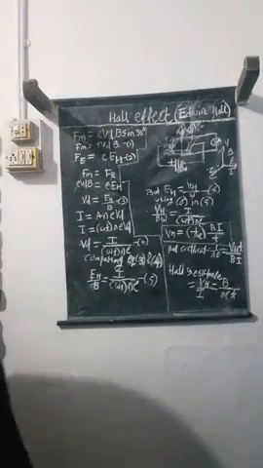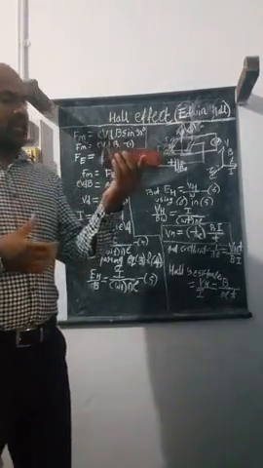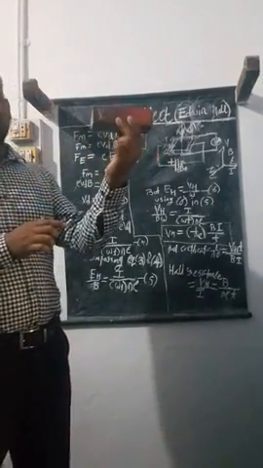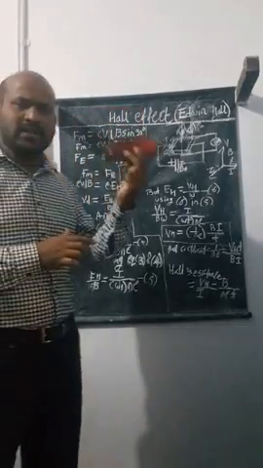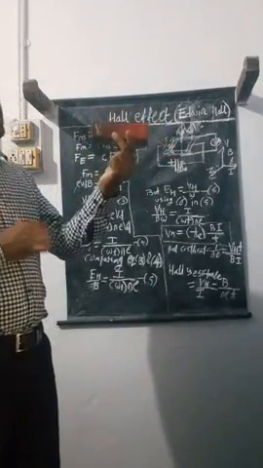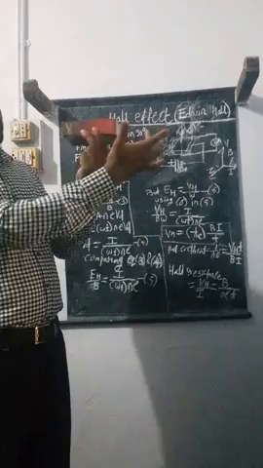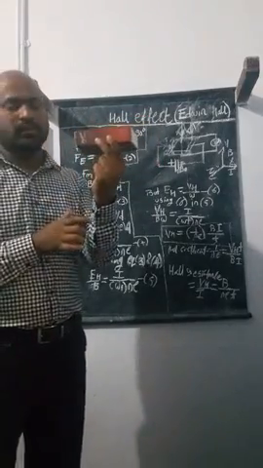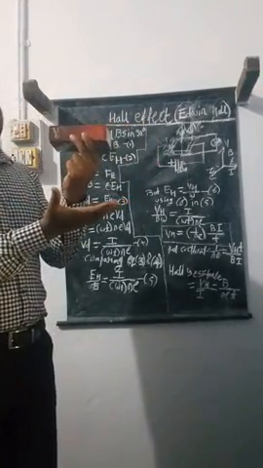I will take one rectangle. This is a specimen. It is a semiconductor, a conductor. I will connect both ends of this specimen through a battery.